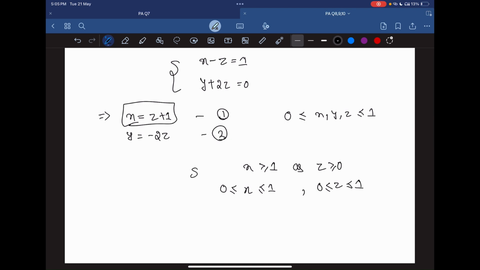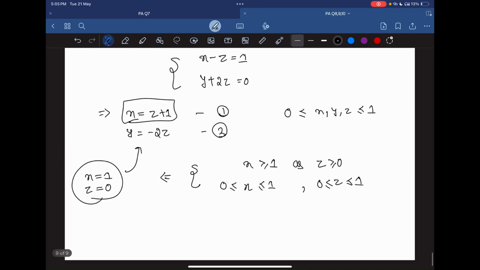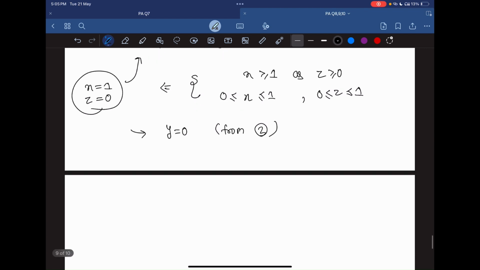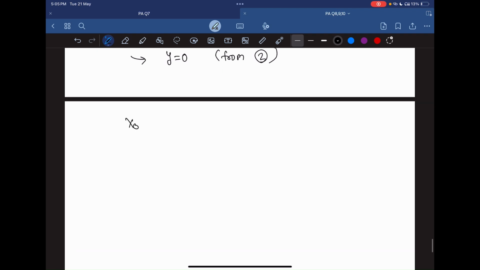So from these two results we get x is equal to 1 and z equal to 0. On putting this result in the second equation, we get y equal to 0. So our initial distribution vector x naught is (1, 0, 0).